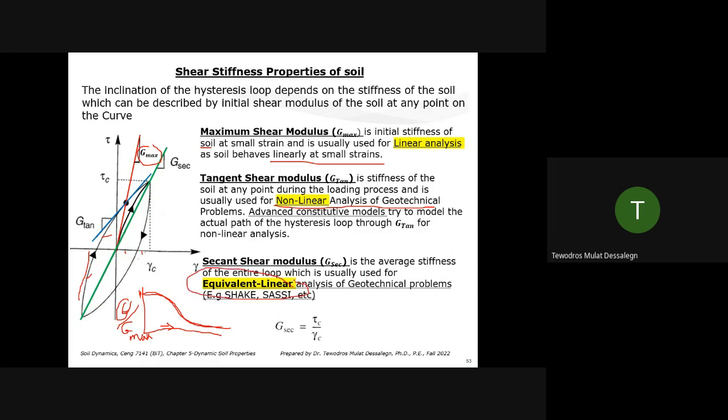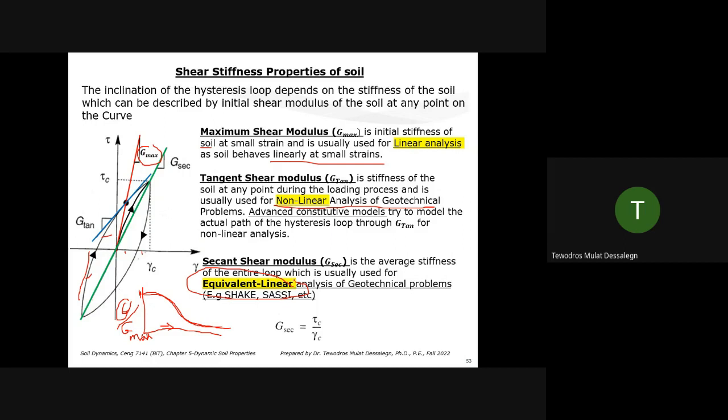Equivalent linear analysis is not a linear analysis, but it's like a pseudo-static analysis. It's nonlinear, but we are using an average value. Instead of doing it piece by piece at every point, it represents the linear condition, but with average values. So it's more practical, doable, less time consuming, and less expensive.